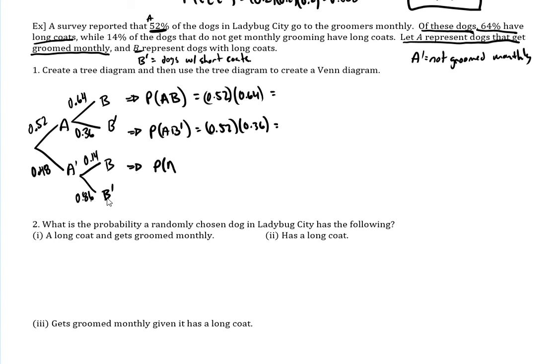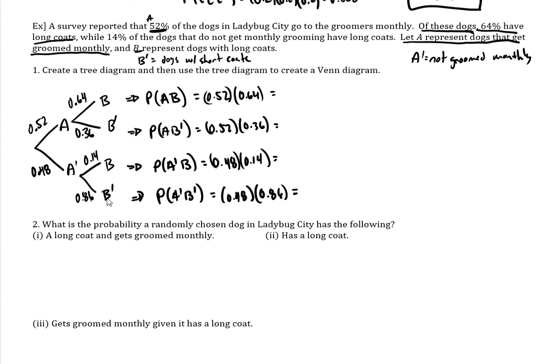Here we've got the probability of not A and then B, which would be the 0.48 times the 0.14. And then our last one is the probability of not A and then not B, so the 0.48 and the 0.86.